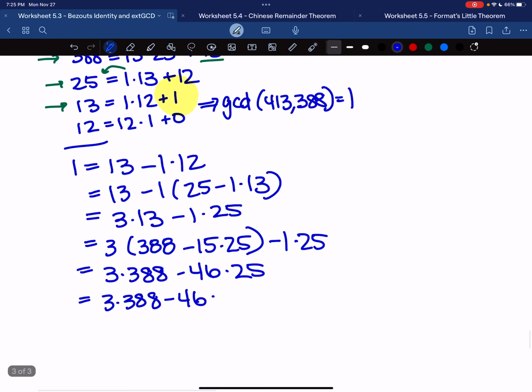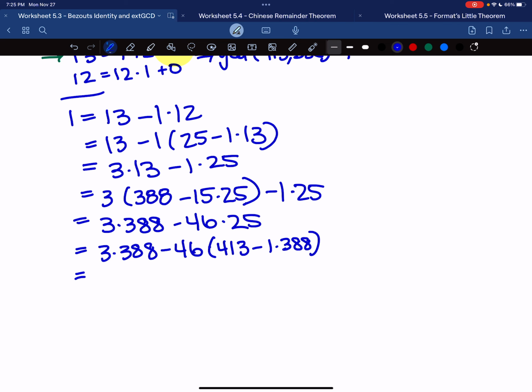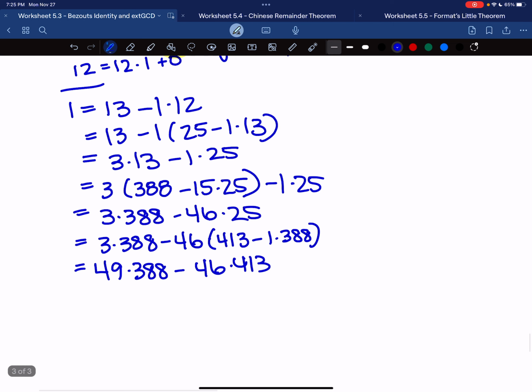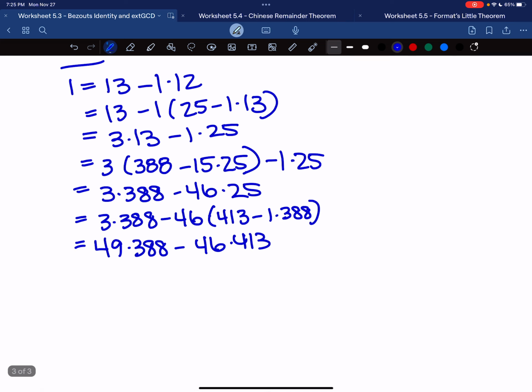It's 413 minus 1 times 388. So if I move all of that together, that's 3 times 388, plus 46 times 388, so that becomes 49 times 388 minus 46 times 413, and we should check that that works itself out.